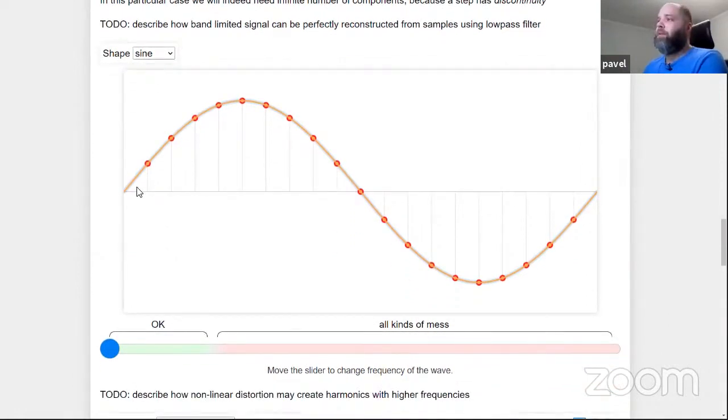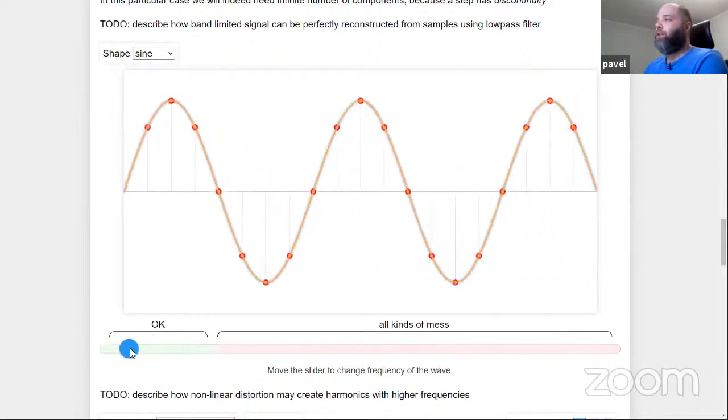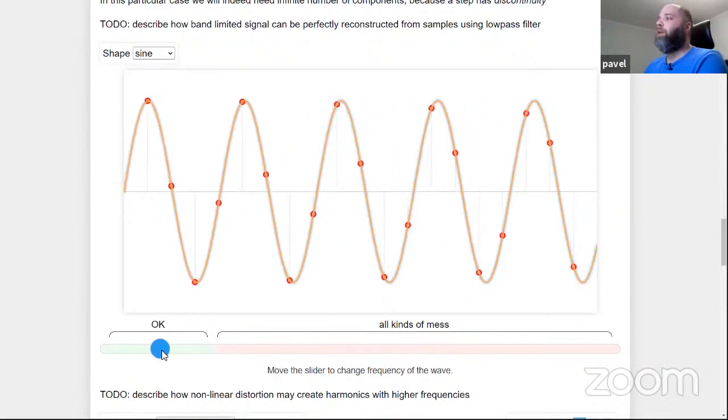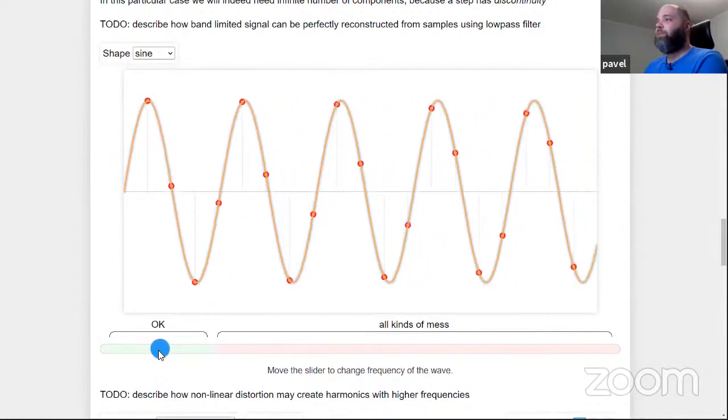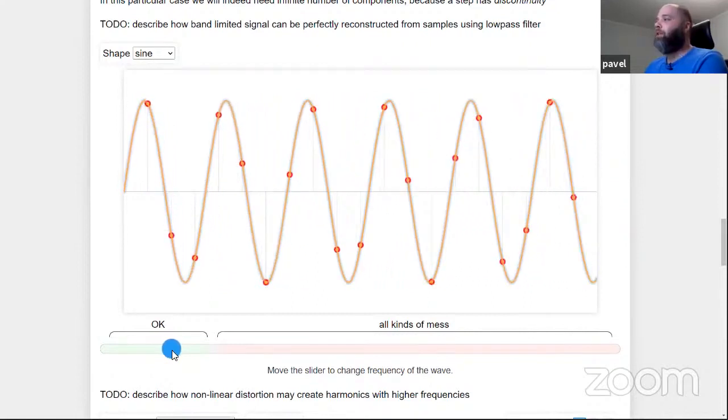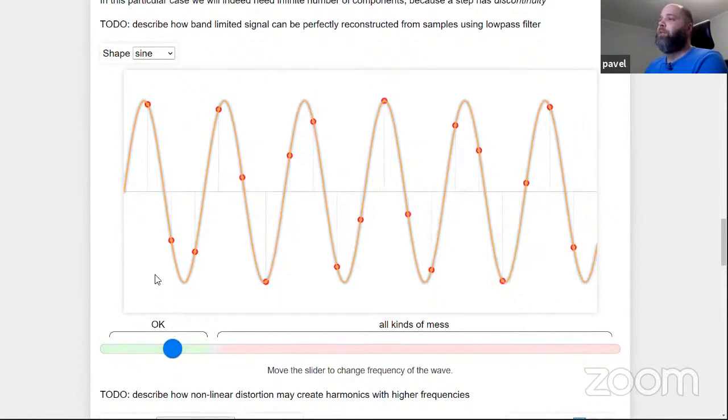So here our initial signal is a sine wave, and we get some evenly spaced samples, and with this slider we can change the frequency of our initial signal, and we see that our samples change with the initial signal, and nevertheless we can reconstruct almost perfectly the initial signal from those samples. The initial signal is blue, and the reconstructed signal is orange.